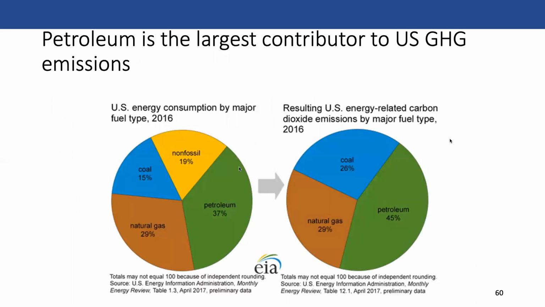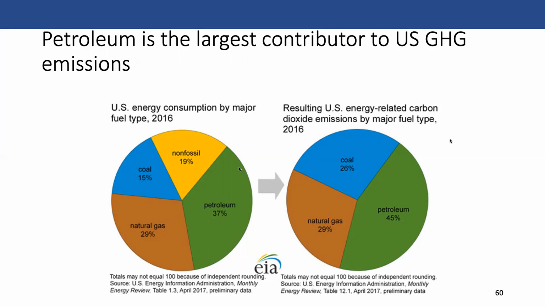From a greenhouse gas perspective, petroleum is the largest contributor to greenhouse gas emissions. It used to be the electric sector, the combination of natural gas and coal, but gas has increased because of the shift from coal to natural gas, and transportation overall has overtaken other sectors in terms of total emissions.